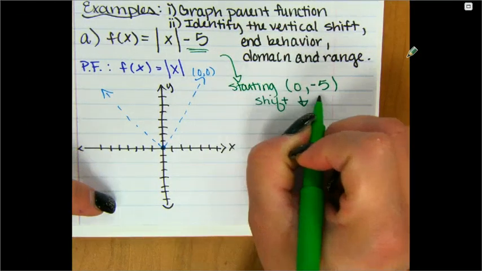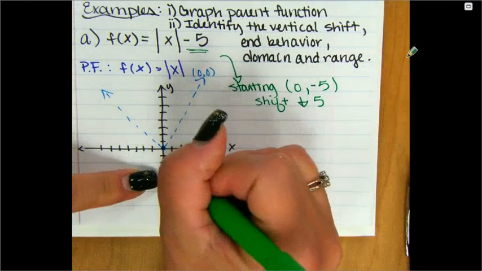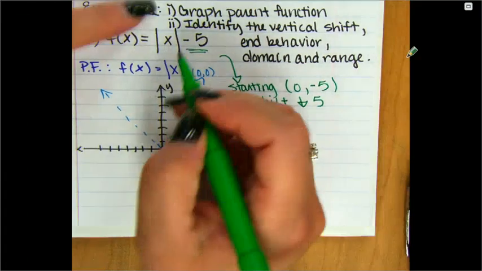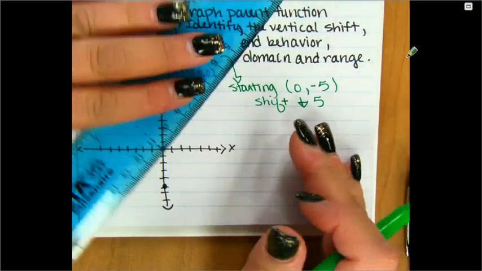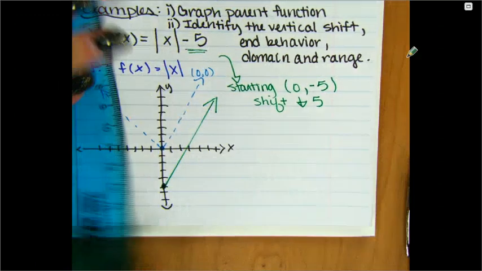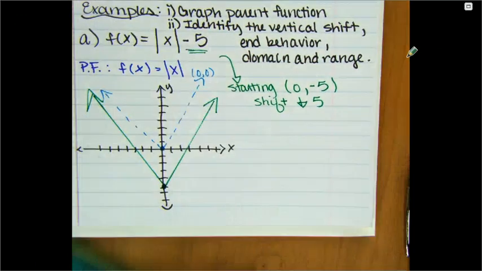Down. How many? 5. So all I'm doing is going down 5: 1, 2, 3, 4, 5. And it doesn't change the way it's going because it's still a positive. So when I graph it, it looks something like that.